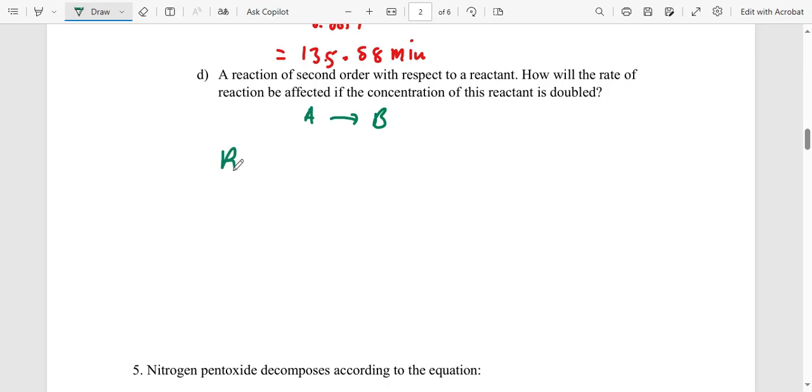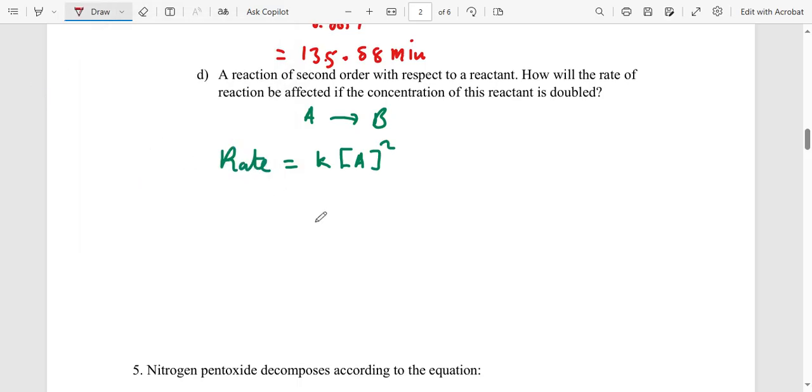So how do you find the rate? The rate is going to be equal to k times the concentration of A raised to the power 2. Now look at this.